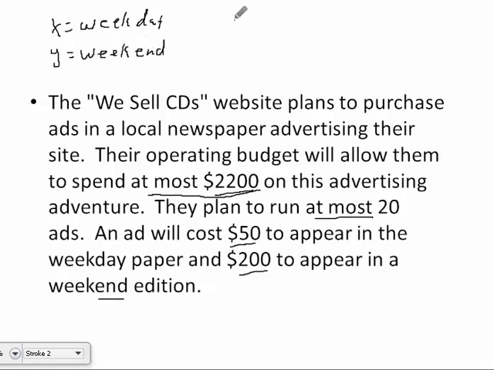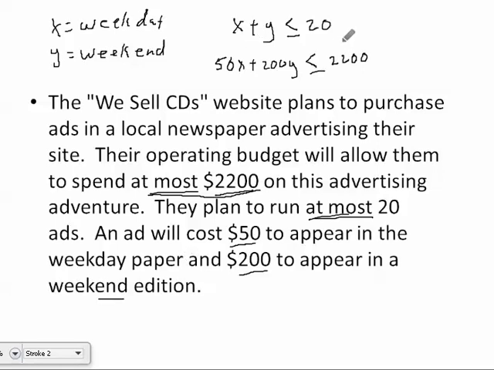Then what we can say is that x plus y has to be at most, less than or equal to 20, and their cost, we would say 50x plus 200y at most has to be less than or equal to 2,200. Can you see how I'm getting these words and they're helping me know which way I'm writing my inequalities and what my inequalities need to look like?